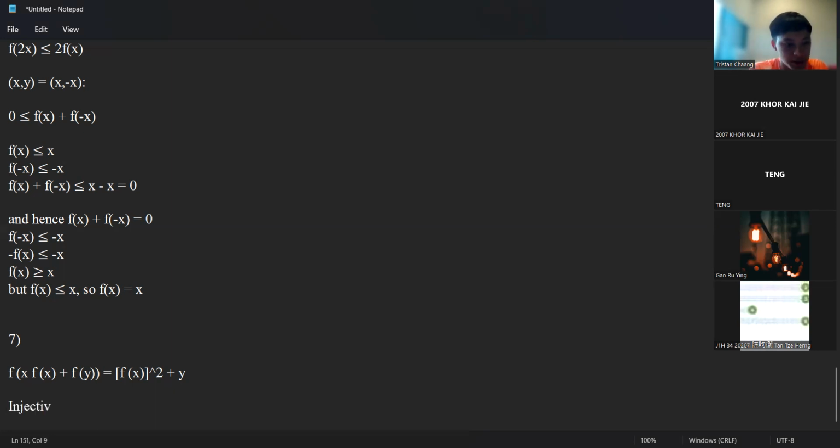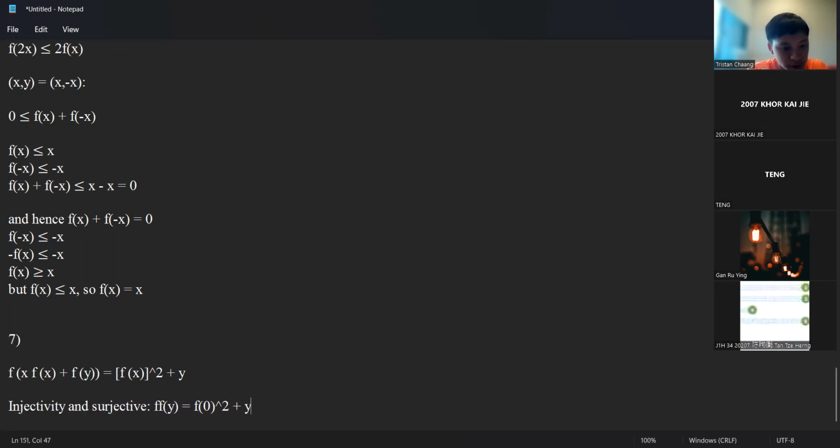So injectivity, how do we prove injectivity? Take advantage of that lone variable y, and then we let x equals 1, for example. Then this is f of f of y equals f0 squared plus y. And this implies injectivity and surjectivity both at the same time.